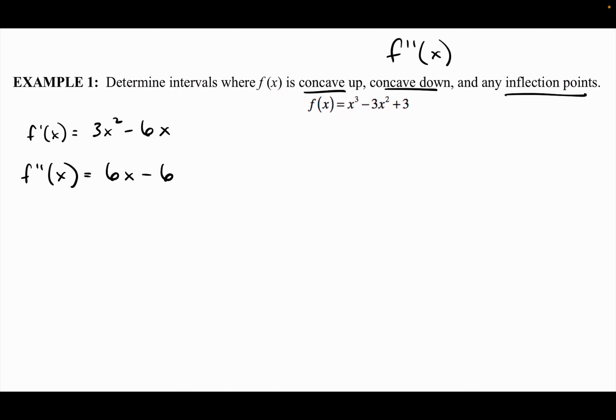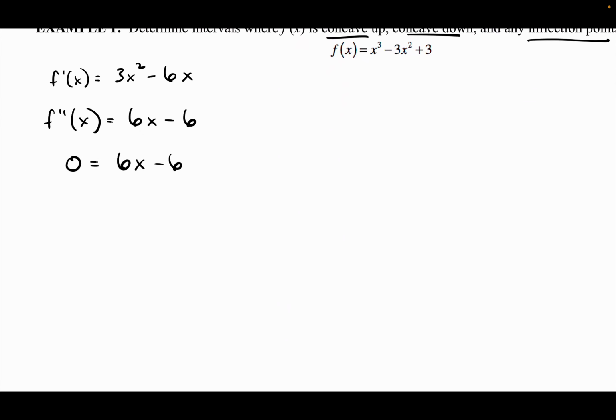So how did I find critical values for the first derivative test? What did I do after I found the first derivative? I'm going to do the same thing for the second derivative. Set it equal to 0 and solve. So add 6 to both sides, then divide by 6.